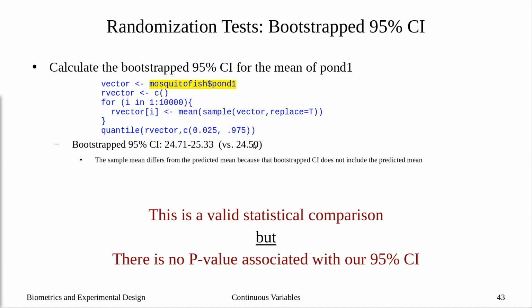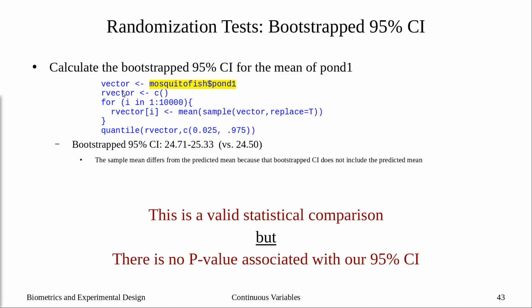For our example, we were testing against 24.5. Note that the interval does not capture this hypothesized value. Therefore, we would conclude that our sample mean is different from 24.5.